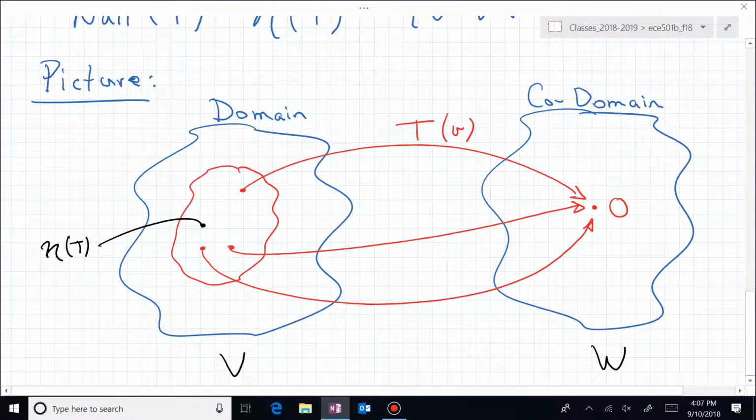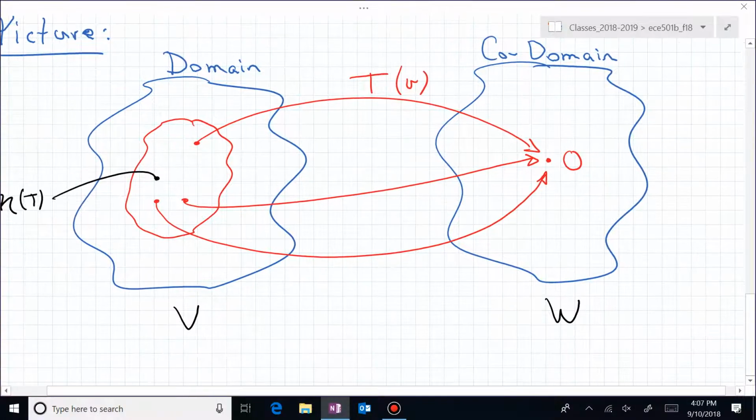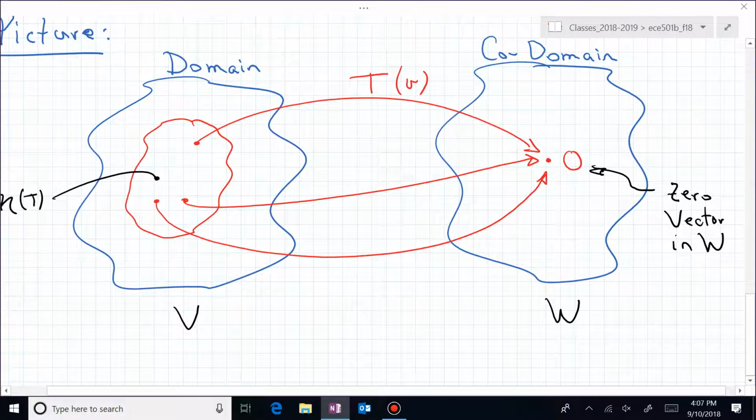So this set of vectors in the domain that map to the 0 vector in the codomain, that set of vectors is what we are calling the null space of that linear map. So here is the 0 vector in W. Yes?